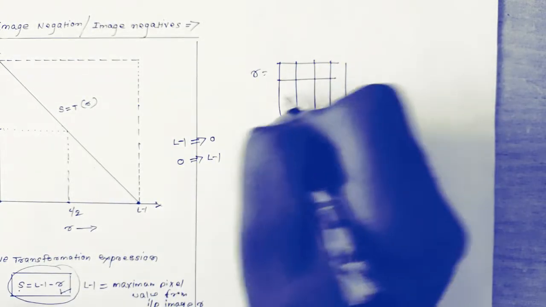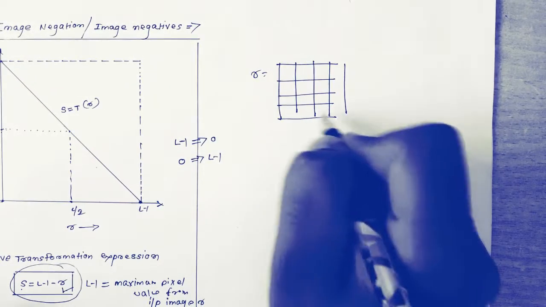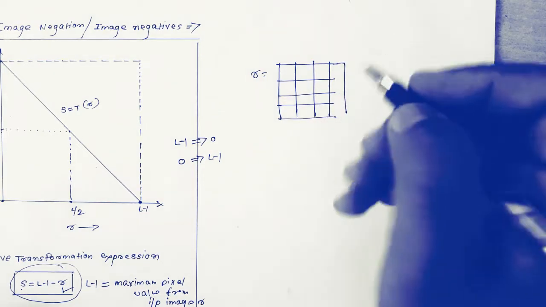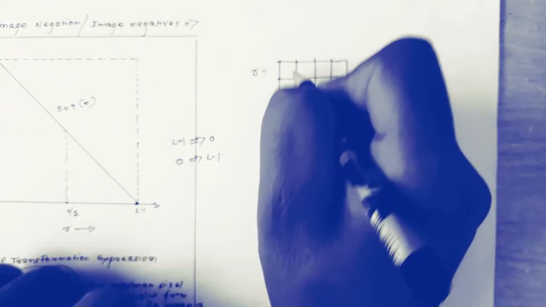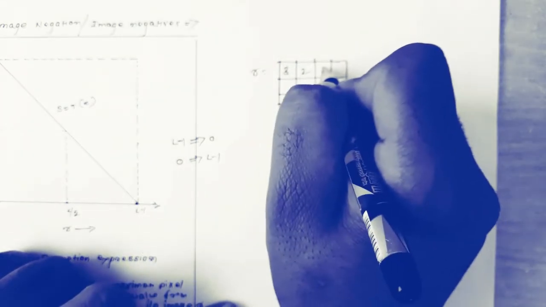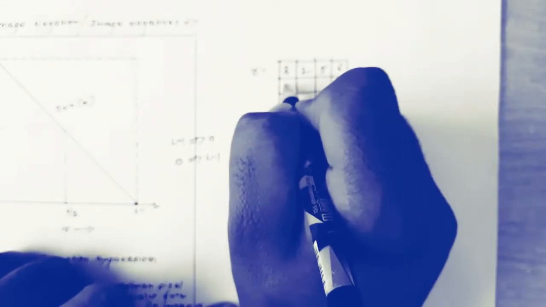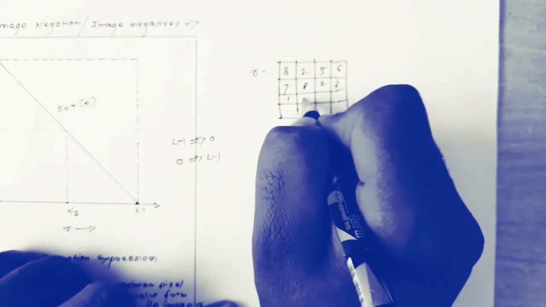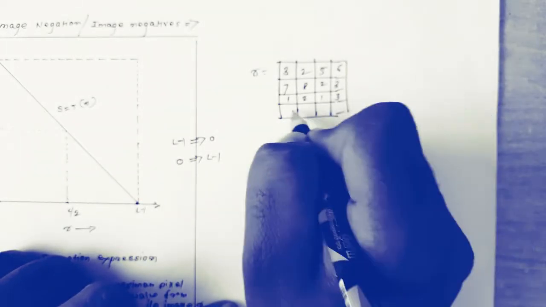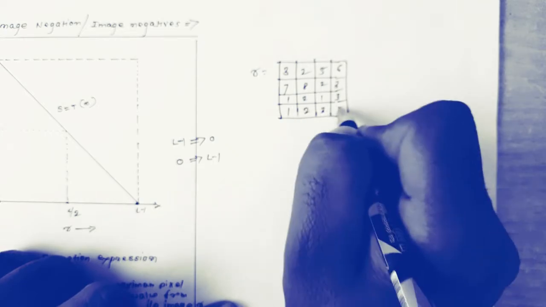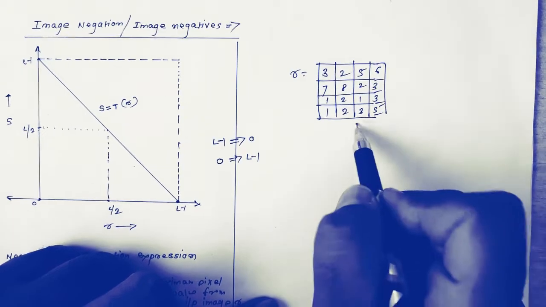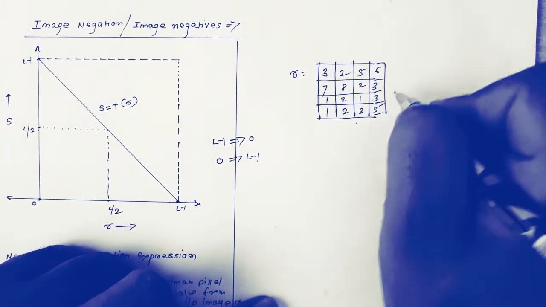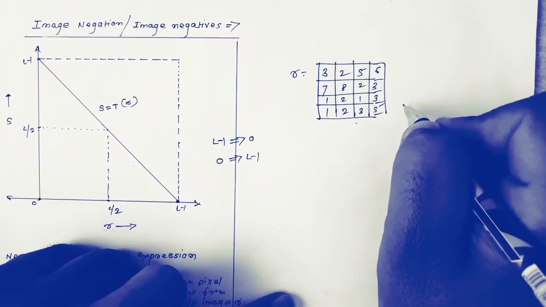I just take random values in the image: 3, 2, 5, 6, 7, 8, 2, 3, 1, 2, 1, 3, 1, 2, 3 and 5. Now I want to convert this image from a grayscale image to a negative image.